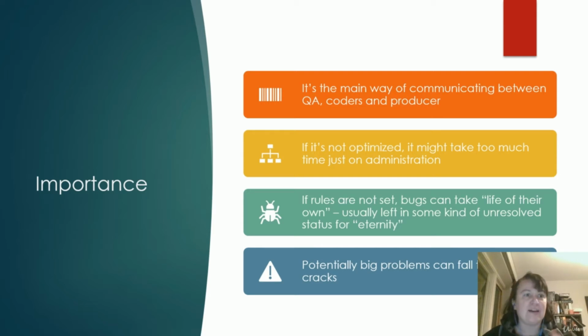Then when you start to look at how come nobody found it, it turns out somebody actually did find it two months ago, but nobody paid attention to it because the bug was stuck somewhere in limbo and wasn't passed on properly. So that's why it's important to set some kind of flow, some kind of statuses through which the bug goes, and that it's passed through different hands within your project.